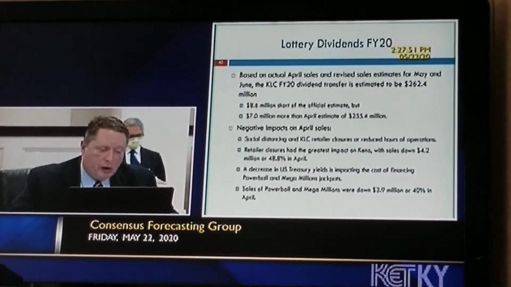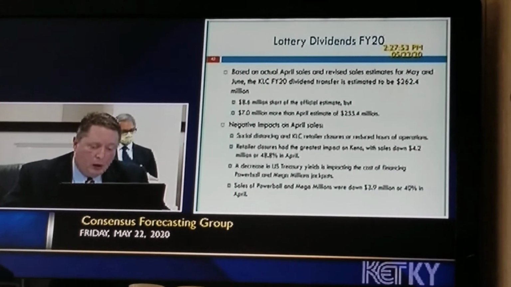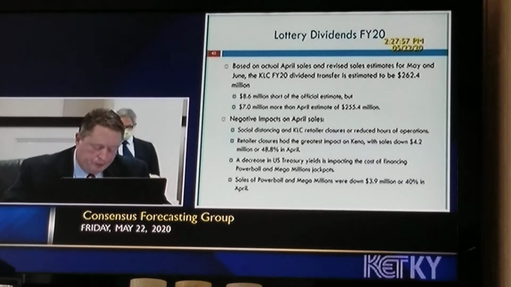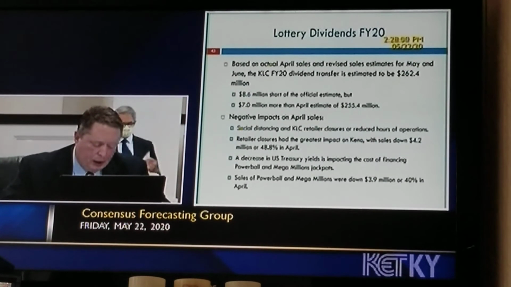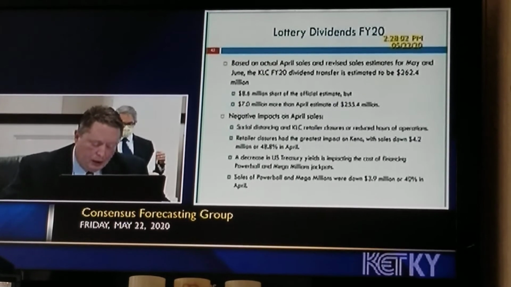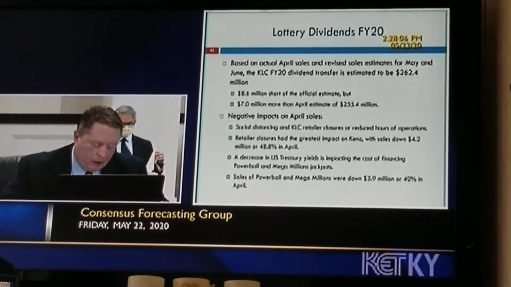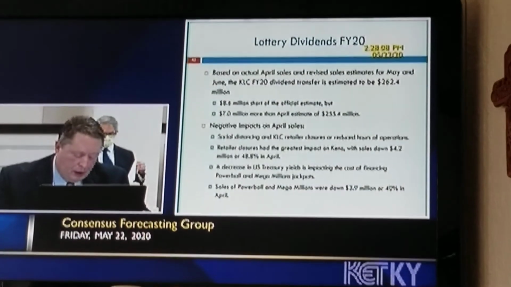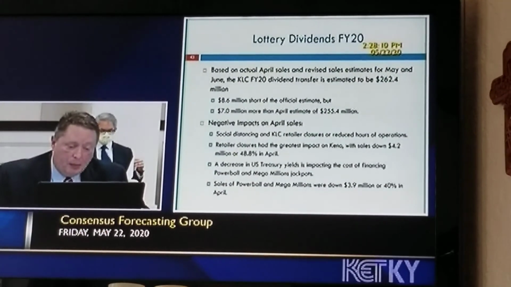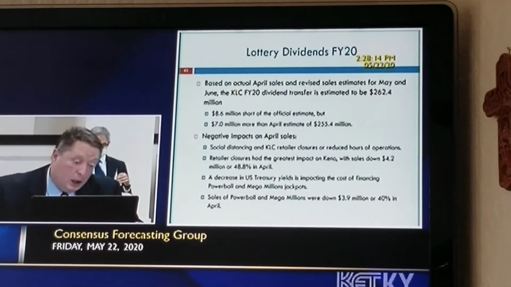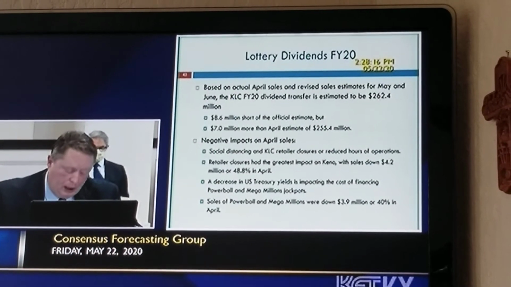We had a long discussion about April sales and what's going to be happening for the end of the fiscal year. A lot of the Kentucky Lottery Corporation retailers had closed up or reduced hours significantly, which brought down sales. On the closure side, the biggest impact was on Keno. Sales were down 4.2 million, or 48.8%, in April.